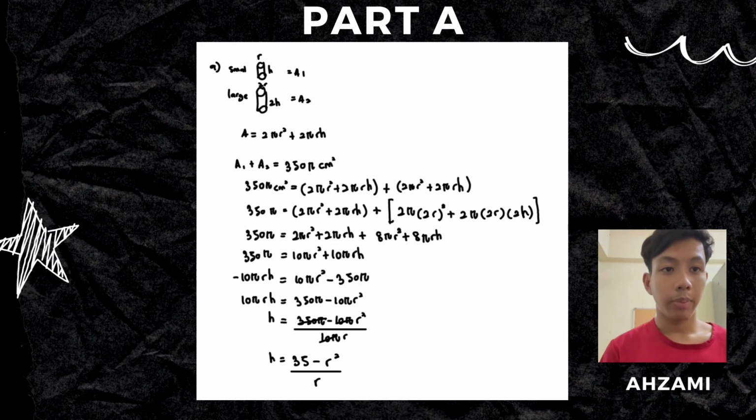From 6 pi r squared plus 10 pi r h equal to 350 pi, we will divide both sides by pi, and we get 6r squared plus 10rh equal to 350.